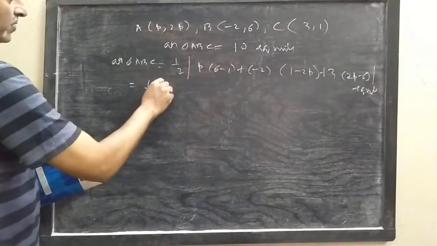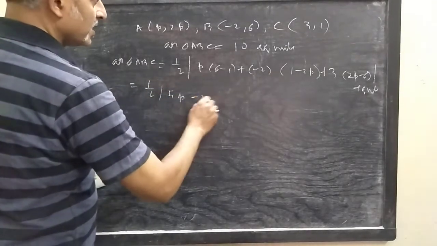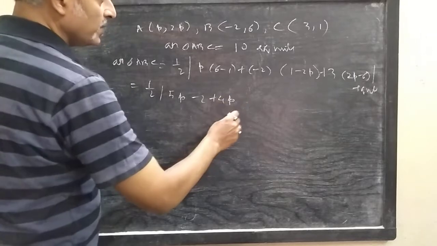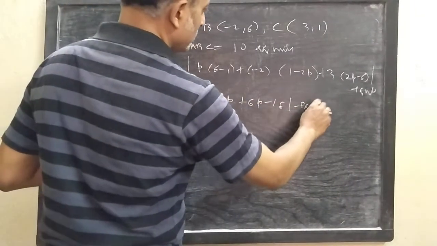This equals half, this is 5p, this is minus 2 plus 4p, this is 6p minus 18 square units.